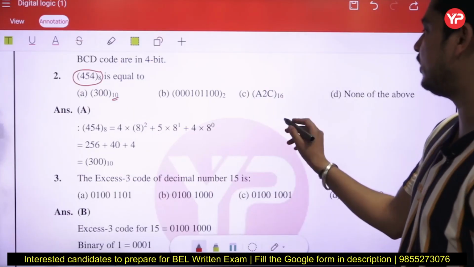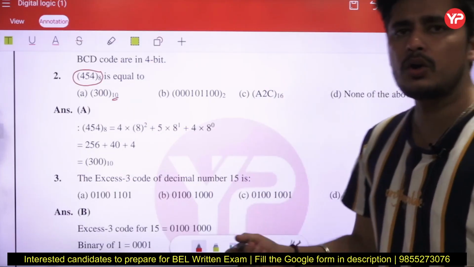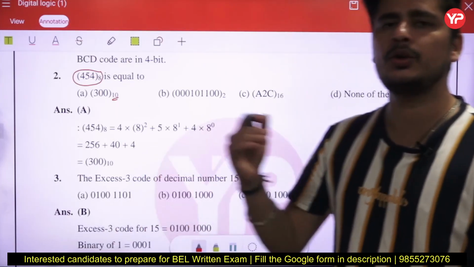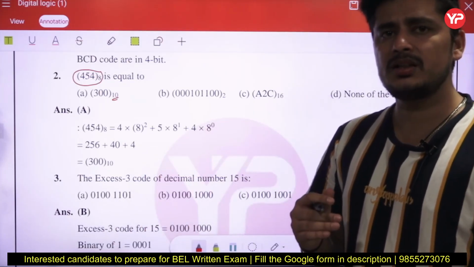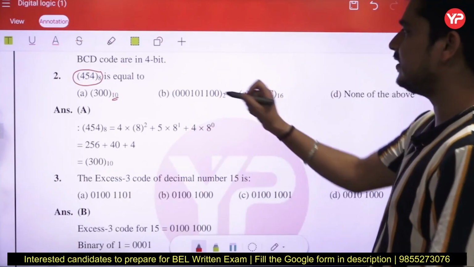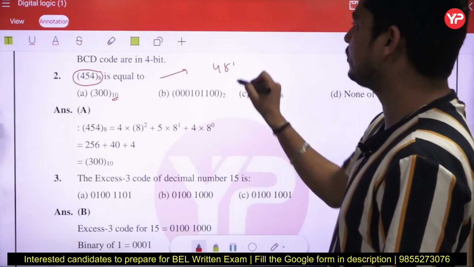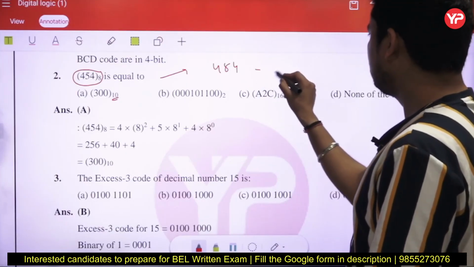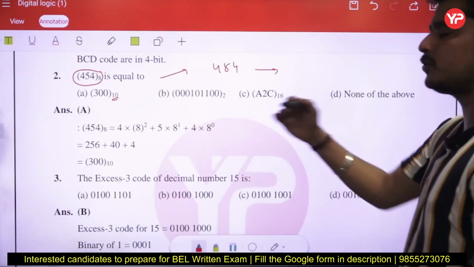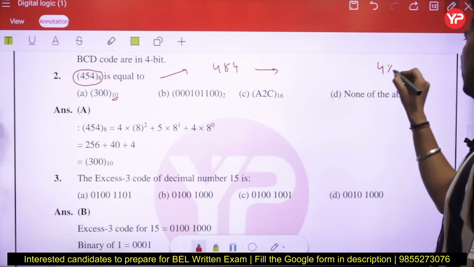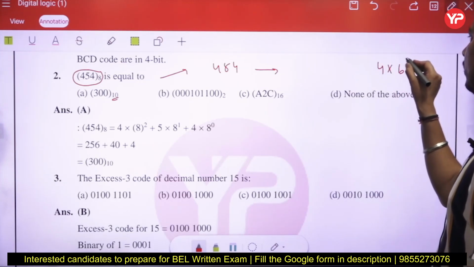So convert this one. How can we convert an octal or any base to decimal? Remember that thing. Let us take it is 454. So how do we convert that? If you convert any base to decimal, your LSB must be multiplied by base to the power 0.